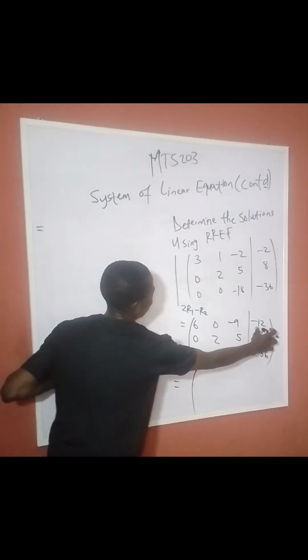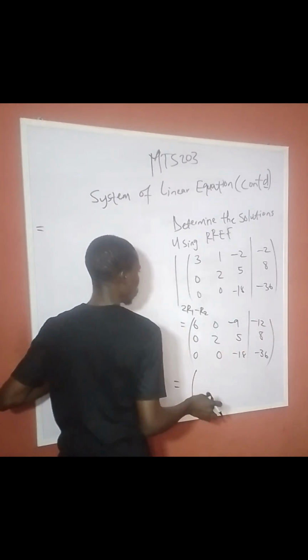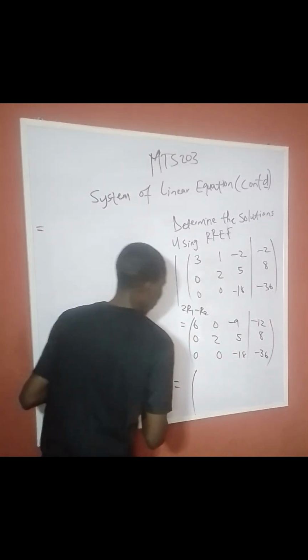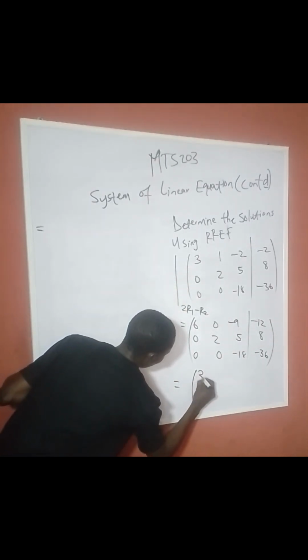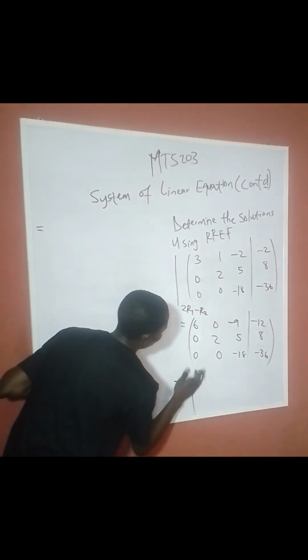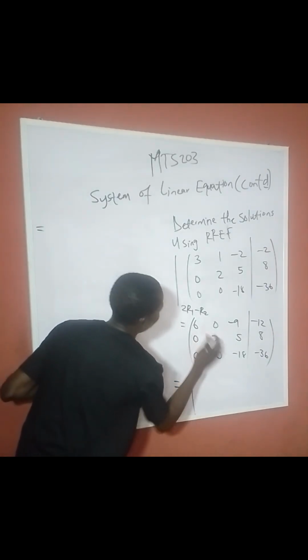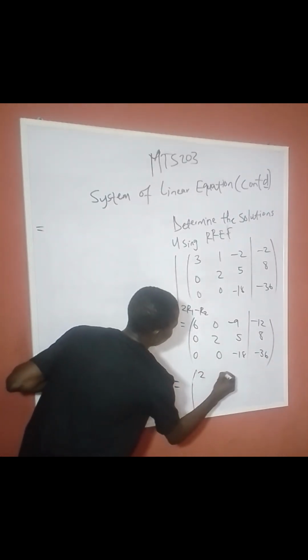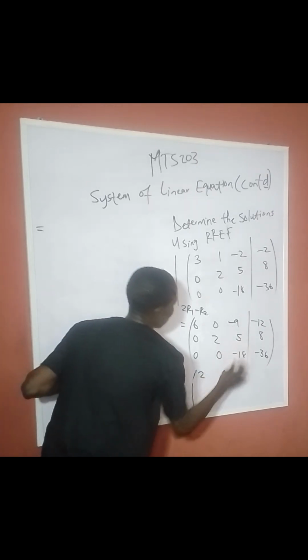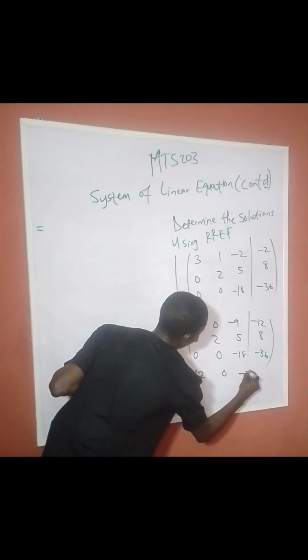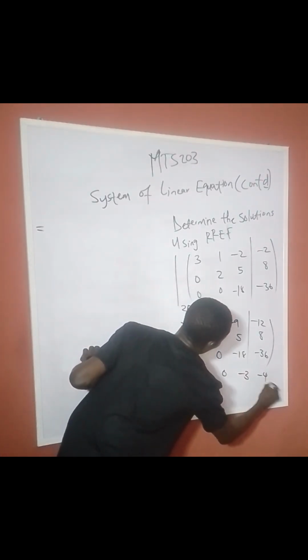Here, I can see that all my entries in row 1 are multiples of 3, so I want to divide them by 3. So 6 divided by 3 is 2, 0, minus 9 divided by 3 is minus 3, minus 4.